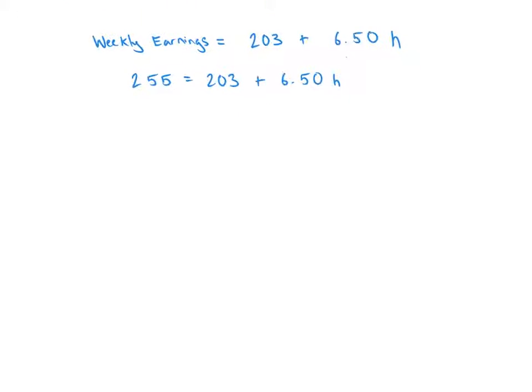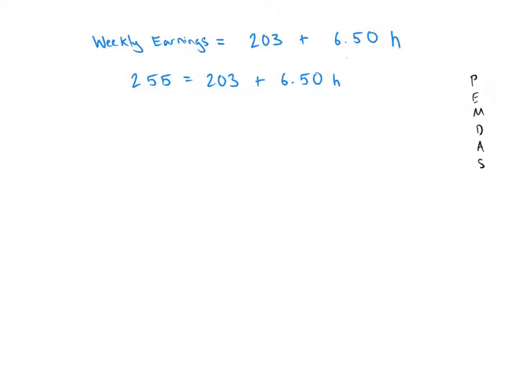Alright, so we're going to solve for H here, and the way we do this is, like we said at the beginning, we're doing the order of operations essentially in reverse. So I'm just going to use black. Alright, so order of operations, we have PEMDAS, and I want to do this in reverse, so we're going to do addition and subtraction first.